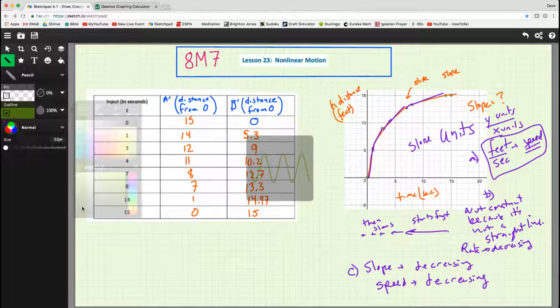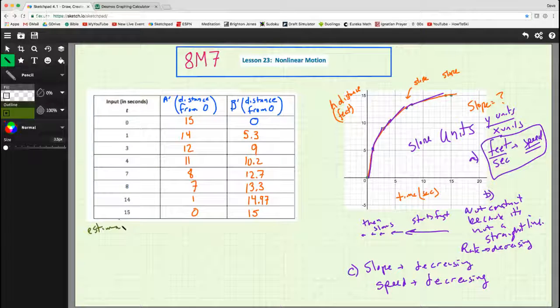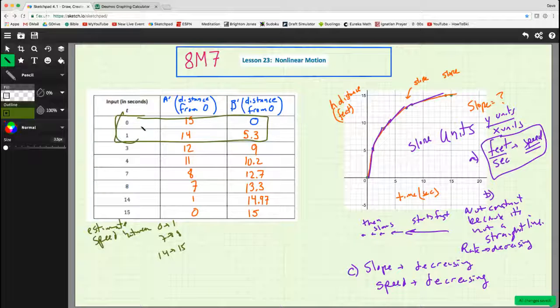We're going to estimate our speed between 0 to 1, then between 7 to 8, and then 14 to 15. And we're going to do that to prove that it is slowing down. We can see it visually, but we want to prove it. So we're going to look at between 0 and 1, what our speed is. And that's basically this and this. We don't need this column.